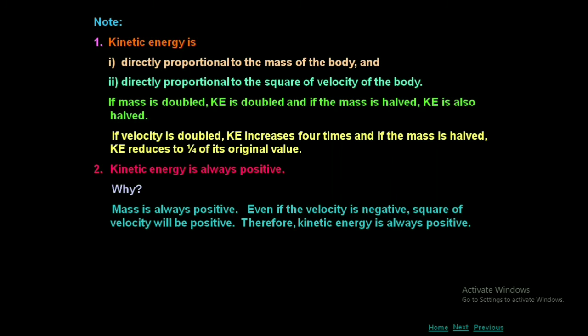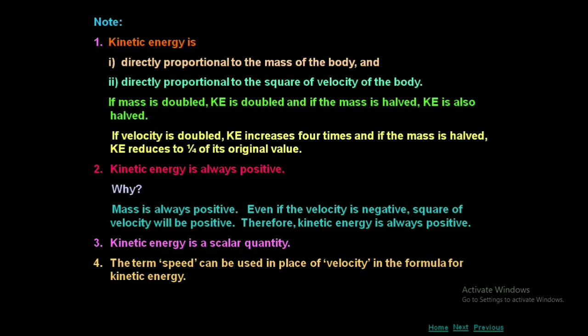From here you can see kinetic energy is always positive. This is the very key point. Kinetic energy is always positive. Why? Because mass has a positive value and there is a square of velocity, and whenever you square something, it will always be positive. Kinetic energy is a scalar quantity, as we have discussed already.